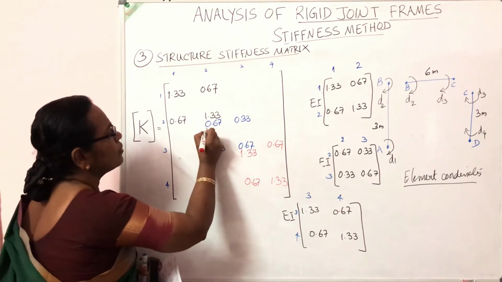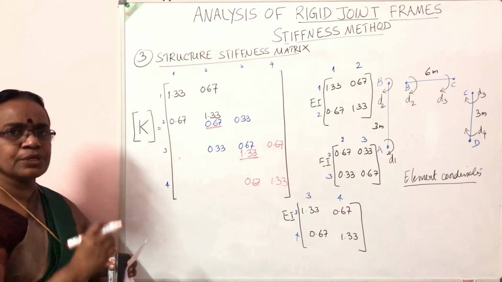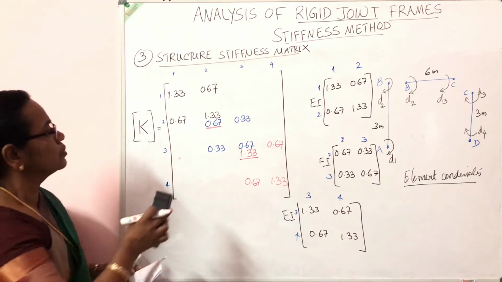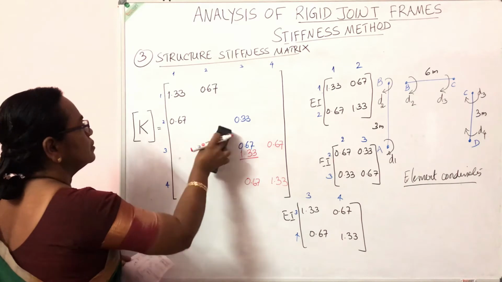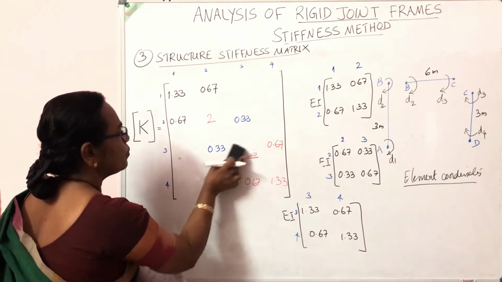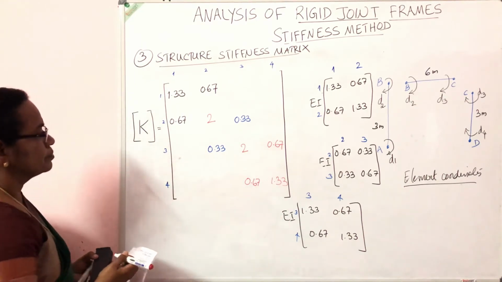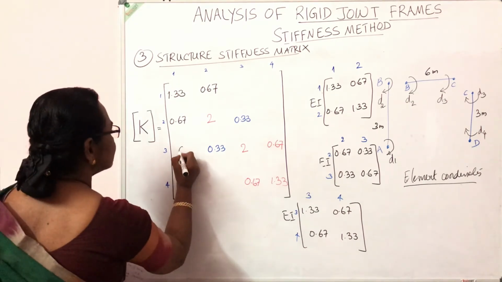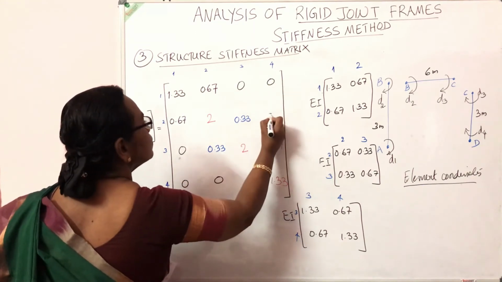So in certain locations we have additions here and here. Add them together and get the stiffness matrix for the structure. I am going to write down the stiffness matrix by adding them together here itself. The value is 2. Here also 0.67 plus 1.33 is 2. Looking into the stiffness matrix, the other remaining elements are 0, 0, 0, 0, 0, 0.